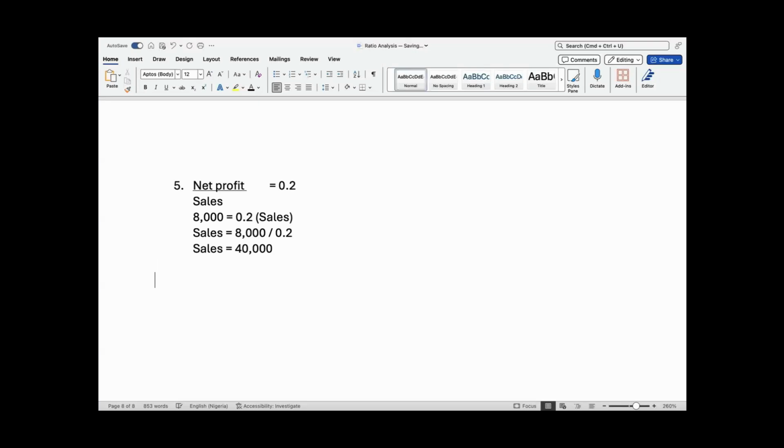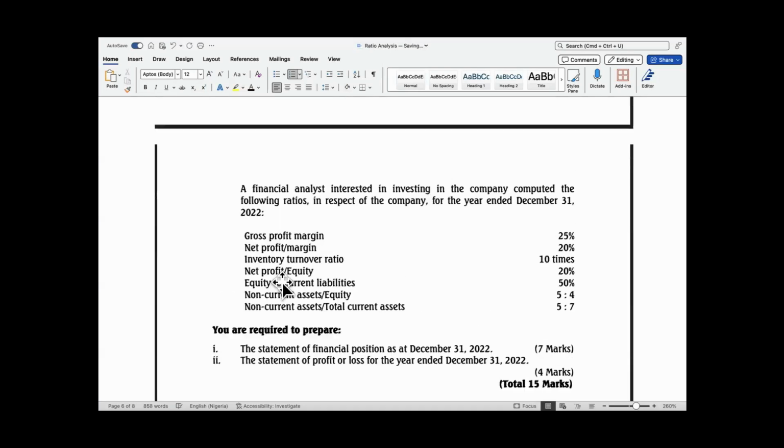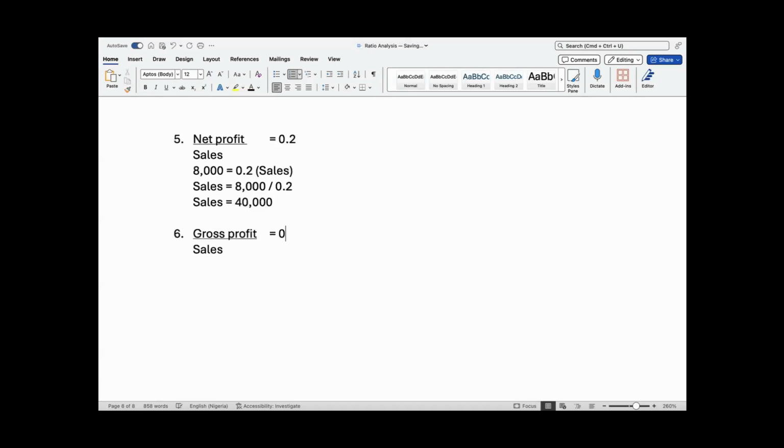Then number 6, I was given my gross profit margin as 25%. That's 0.25. So I don't have my gross profit, but I have my sales to be 40,000.